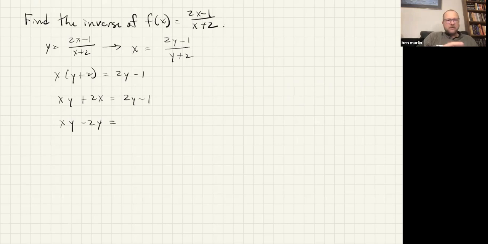We're just going to throw everything that's not a y over to the other side. We'll have minus 2x minus 1. Then over here on the left-hand side, since what we're trying to solve for is the y, we'll factor out the y, leaving x minus 2. And then we can divide and say y equals (minus 2x minus 1) over (x minus 2). That's what our inverse is.